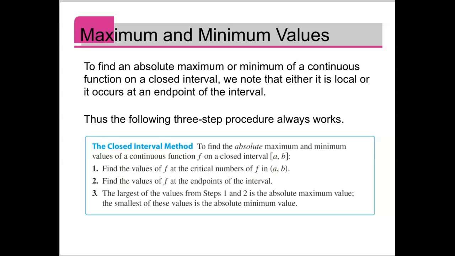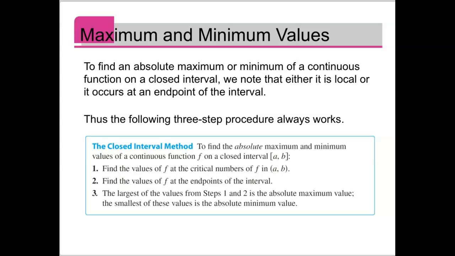All right, so this all culminates in how to find a maximum or minimum value on a closed interval, and we use this thing called the closed interval method. So if it's on a closed interval, we know that it has endpoints.